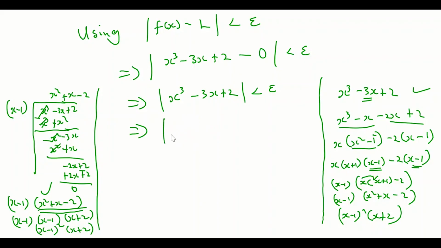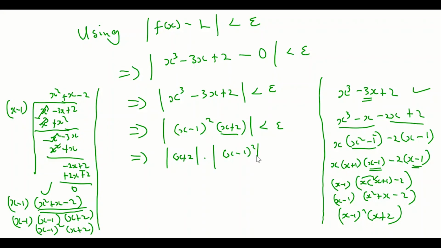So this will be the same as x minus 1 squared into x plus 2 less than epsilon. Here we can split it into 2 as well. You know that this will be the absolute value of x plus 2 multiplied by the absolute value of x minus 1 squared, so it's less than epsilon.